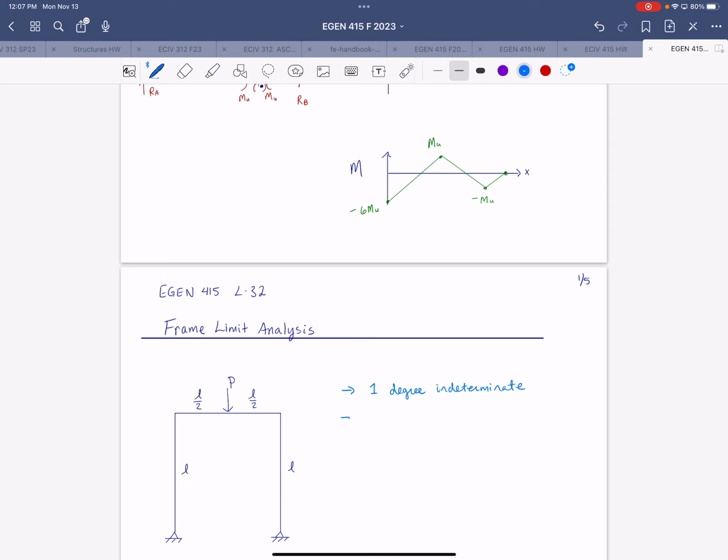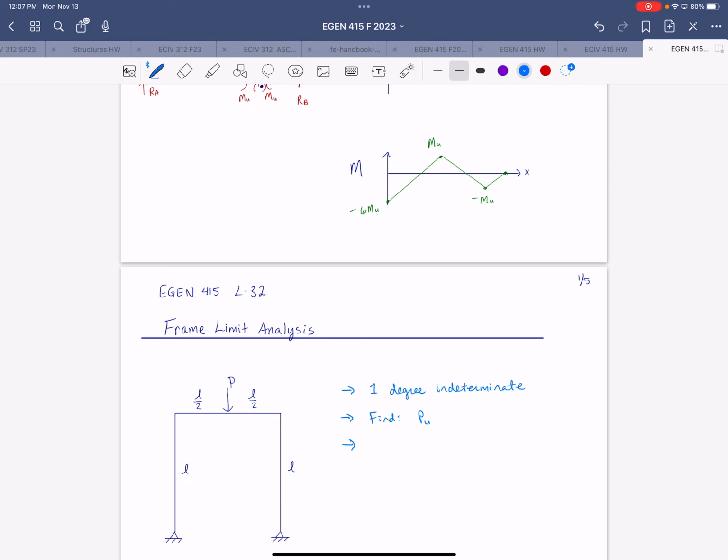Remember, what we are after is the value of PU that will cause collapse. Just say find PU. In order to do that, we're going to assume that the moment is MU throughout.